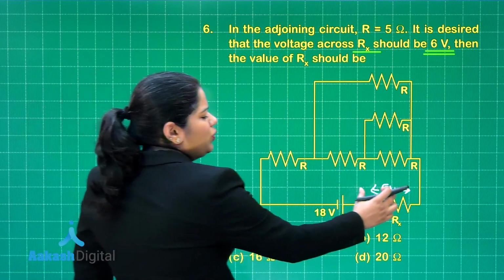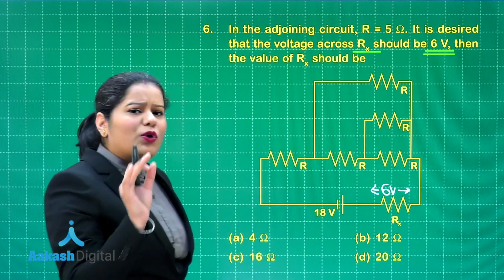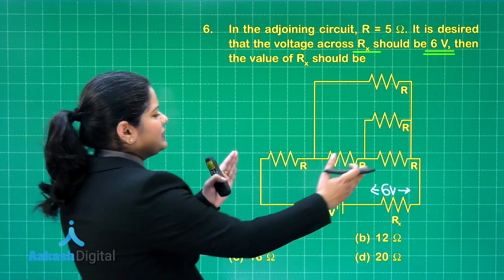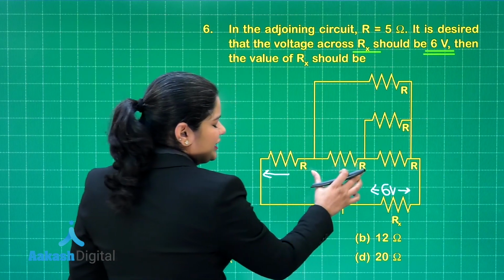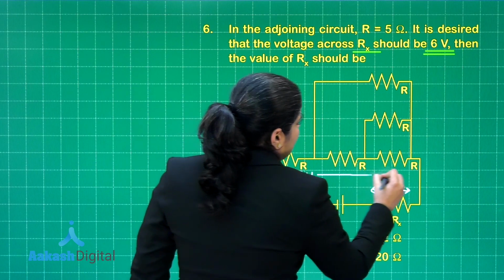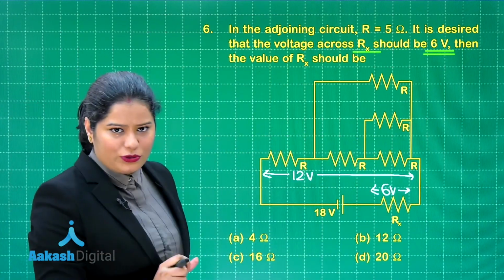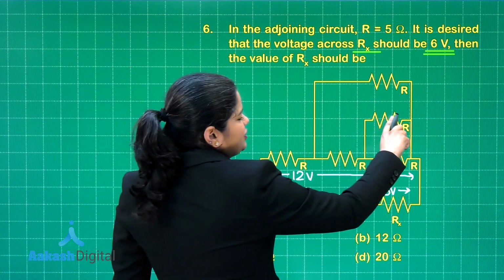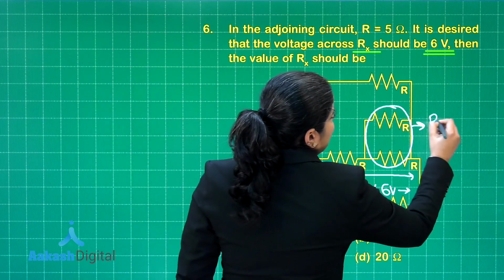If 6 volt is the voltage drop across Rx, then the voltage across the remaining part will be 18 minus 6, that is 12 volt. So this part of the circuit is getting 12 volt. Now see over here, these two are connected in parallel.